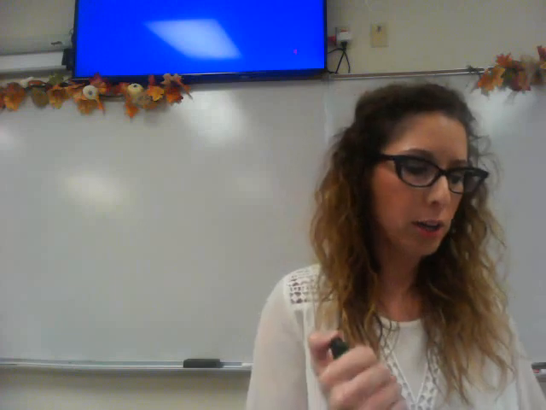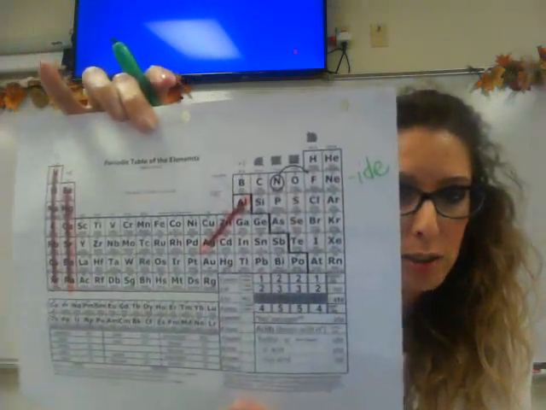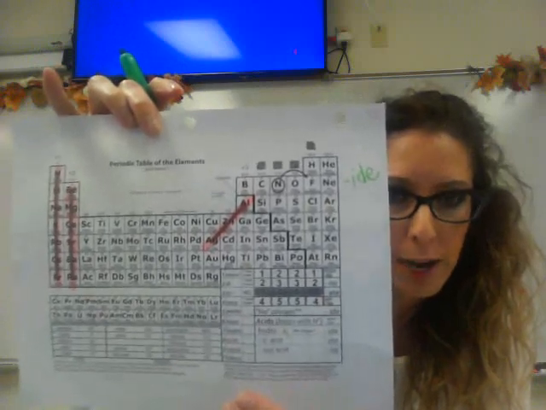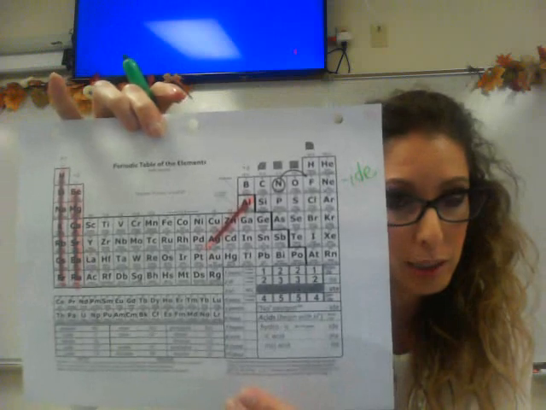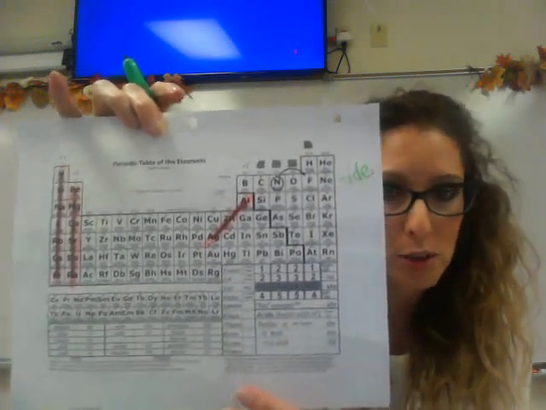Okay? You want to make a little note on your periodic table that your non-metals are going to end in "ide" because there are tons of little rules in this chapter and you've got to keep track of them. Okay? So if you need to go back and color code the non-metals to the right of the stair step and then write "ide" next to them, please do it.